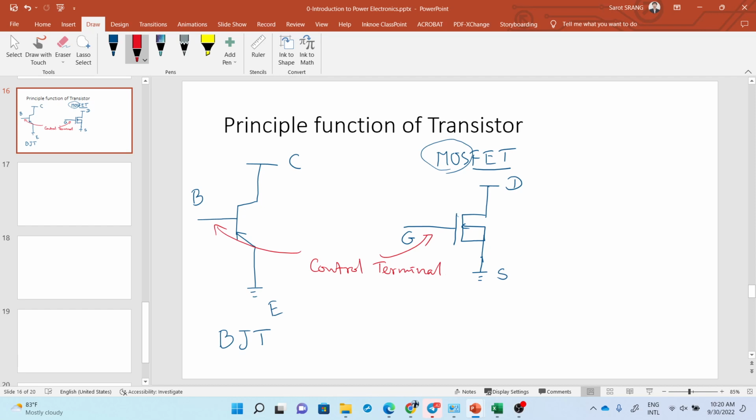It means current can flow this way when turned on, and current can also flow this way, right? But for this one, there's no current flow this way, because you see the disconnection here.